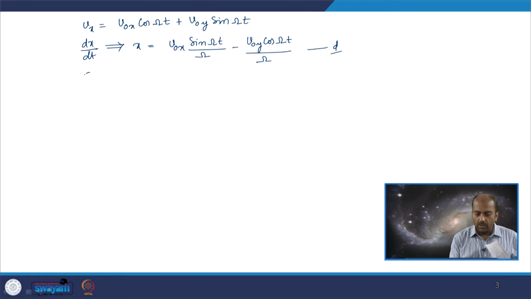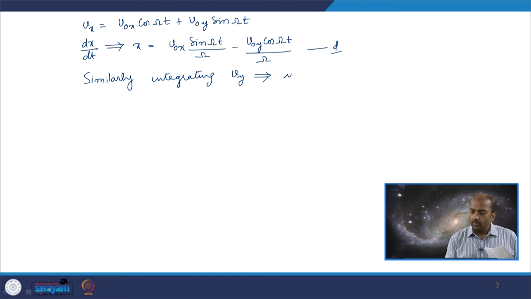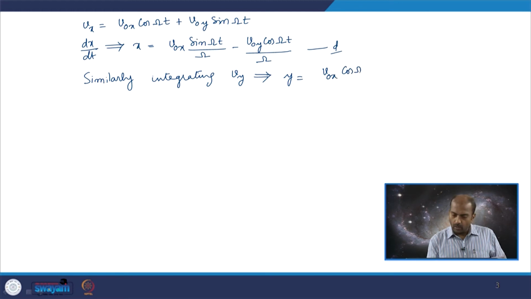Okay. Similarly, we can integrate Vy, and integrating Vy we will get y is equal to V0x cos omega t by omega plus V0y sin omega t by omega, right.